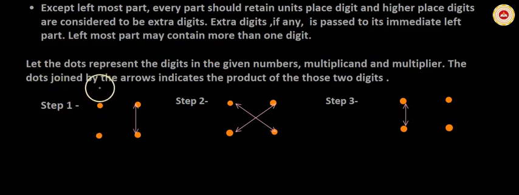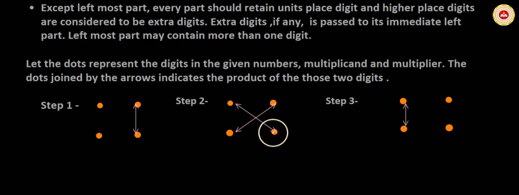So the dots joined by the arrows indicate the product of those two digits. See friends, if two dots are joined by arrows, it means that these two digits are multiplied.